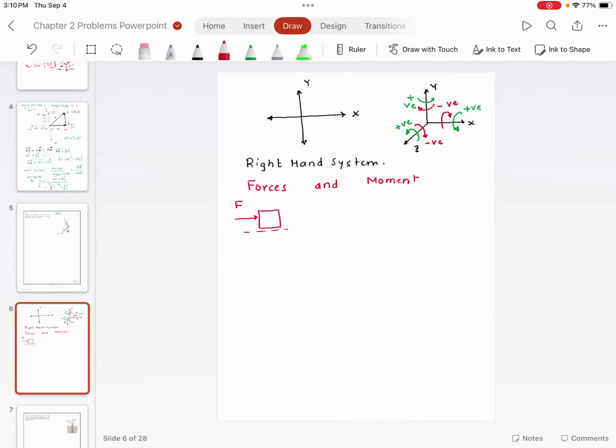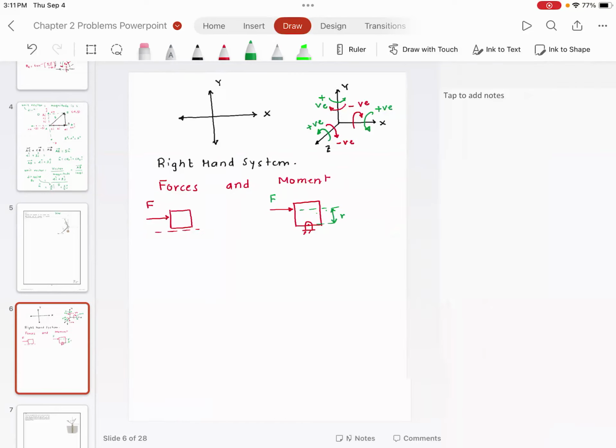Now, I want you to understand, if this object is pivoted, for an example, there is a hinge, then what's going to happen is this force will be acting at a distance, I'm going to call this R. Please note, this force and this distance are perpendicular to each other.